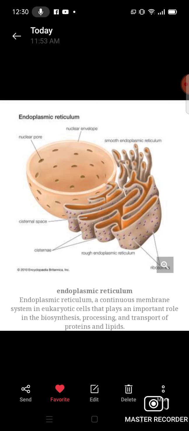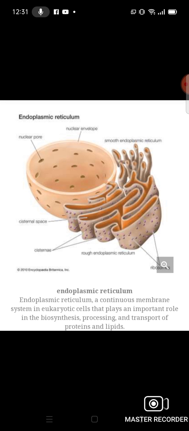Like in the diagram, you can see this is the diagram of the endoplasmic reticulum. It is clearly seen that the endoplasmic reticulum is a continuous membranous structure which starts from the nucleus and ends at the plasma membrane.